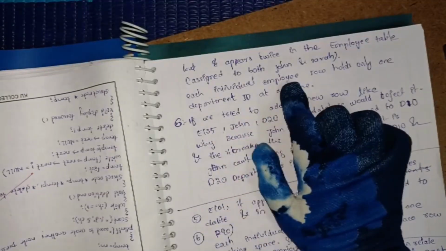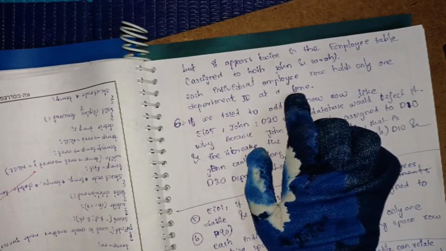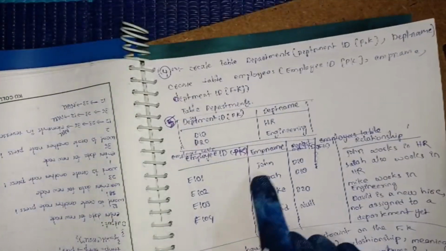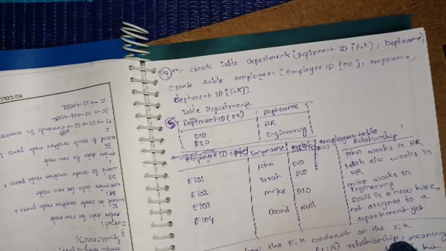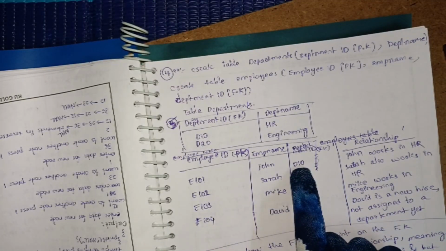So each individual employee row holds only one department ID at a time. Each employee holds only one department ID at a time.